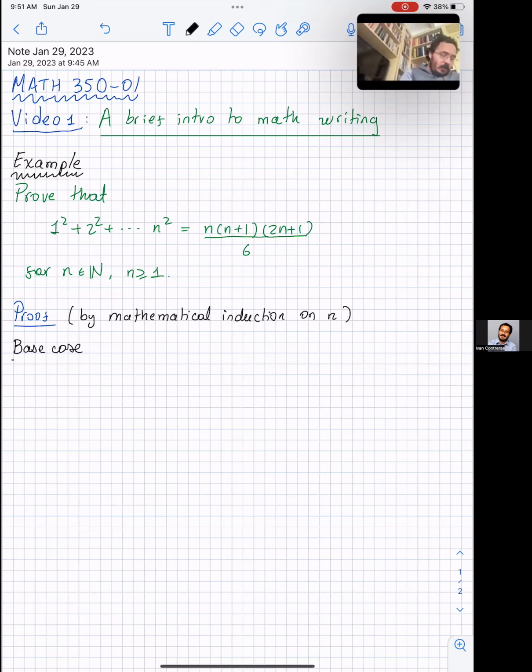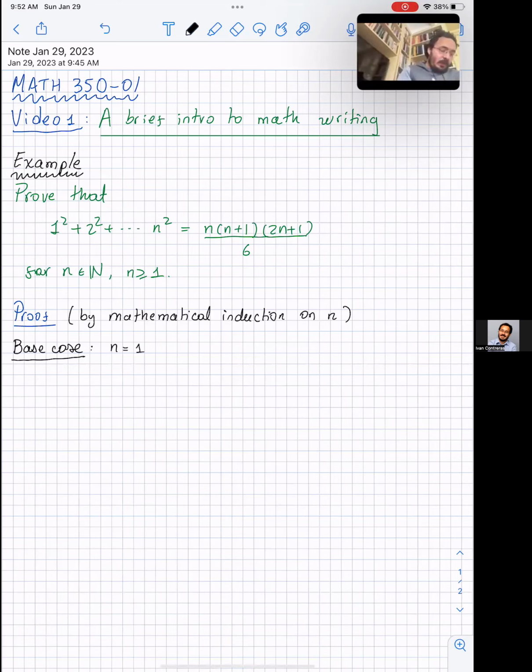The base case refers to the initial wagon. In this case it will be n equals 1, because that's prescribed by the problem. You sometimes have to keep an eye on what would be the natural base case for your induction. In this case, it's a natural choice. We say base case n equals 1.